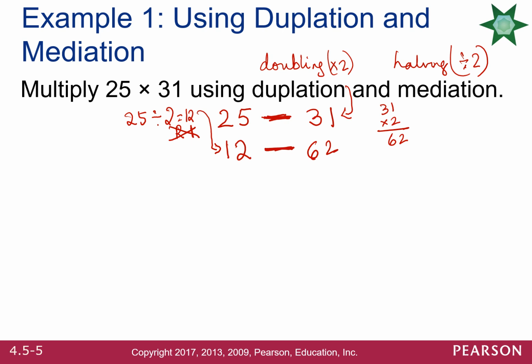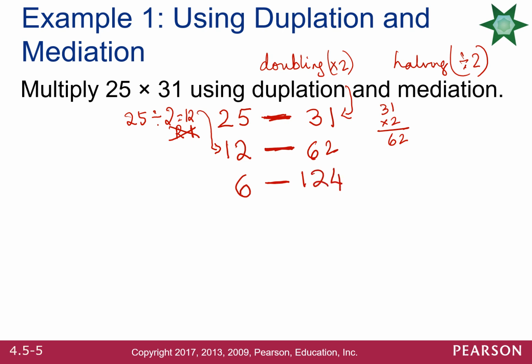So again, this time 12 divided by 2, which is a 6. All right, so let's write the 6 here. And for the 62, we are doubling it. So 62 times 2 is going to be 124. All right, so I'm going to write the 124 underneath this.